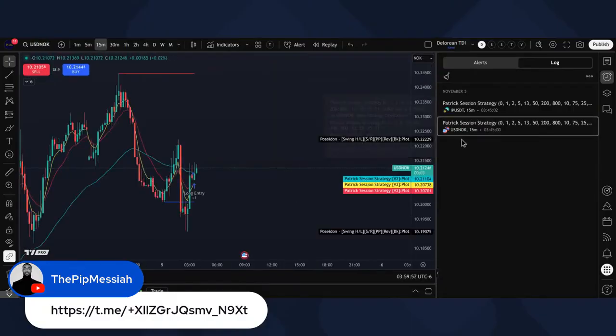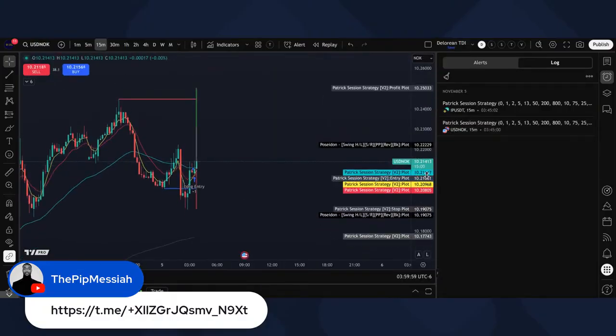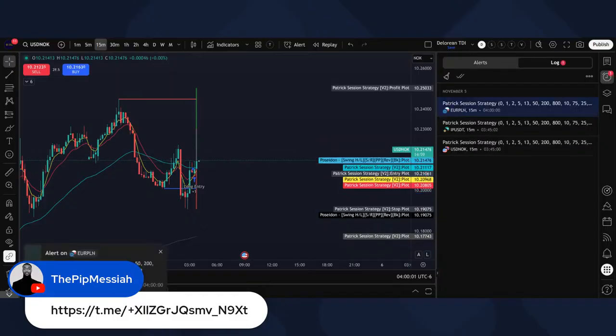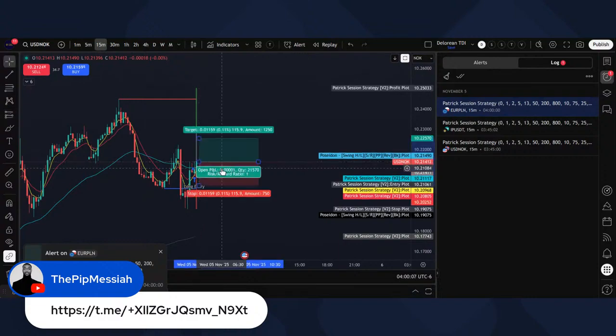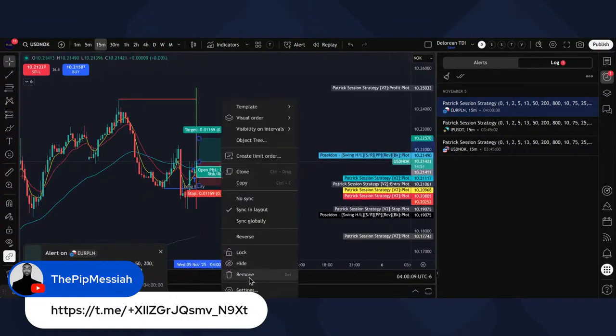Let's start with USD NOK. All right, this is going to be a buy. And we're targeting 10.25033.